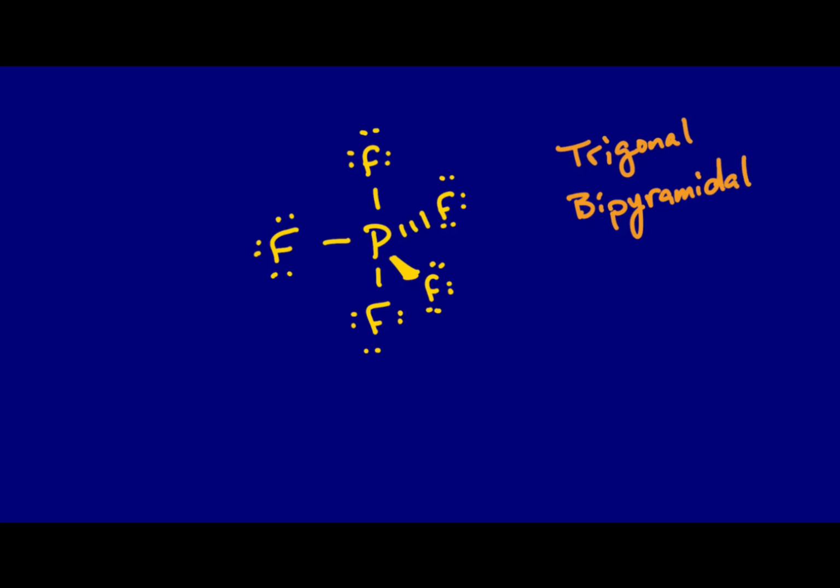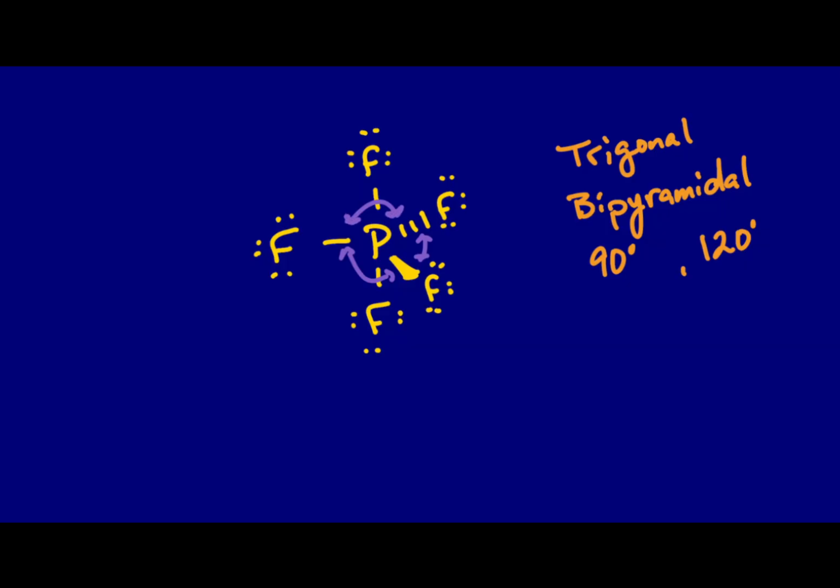There are 2 bond angles in trigonal bipyramidal. We have 90-degree bond angles, and then we also have 120-degree bond angles. The 120-degree bond angles are between the 3 fluorines that are planar here.